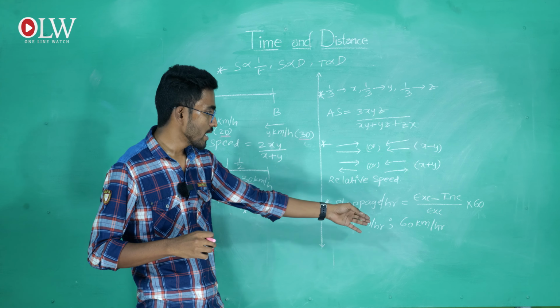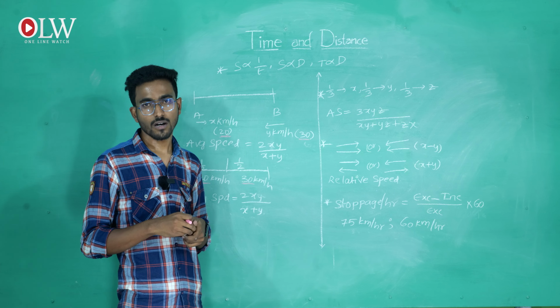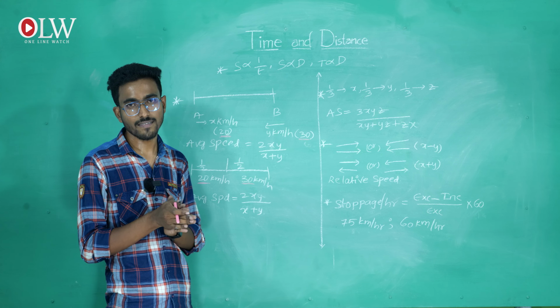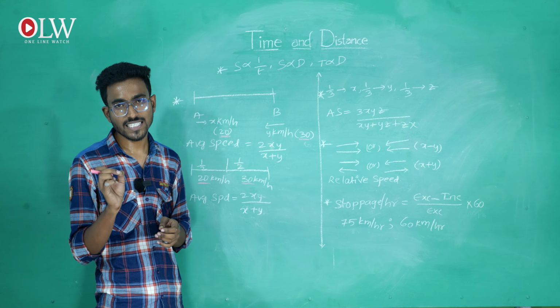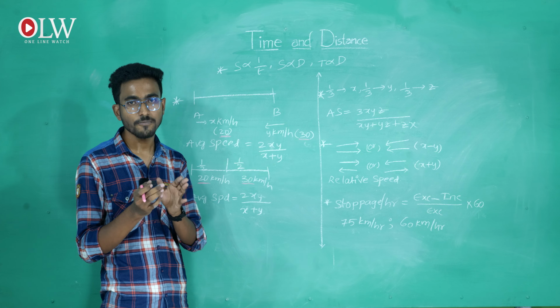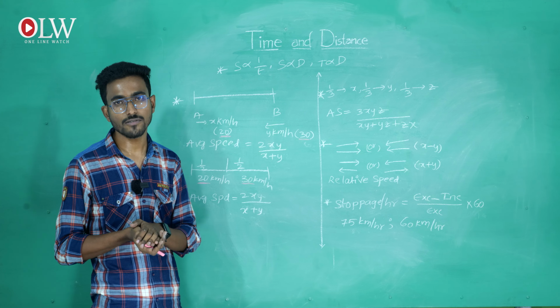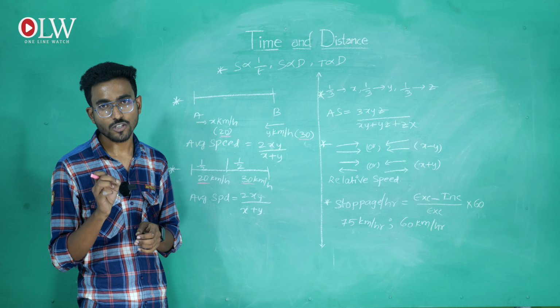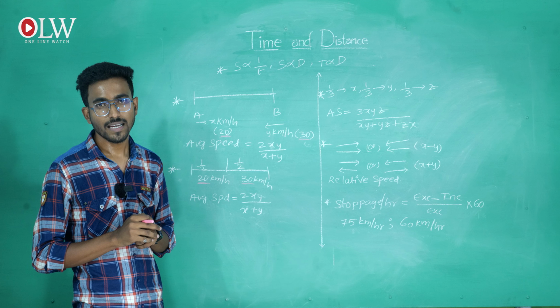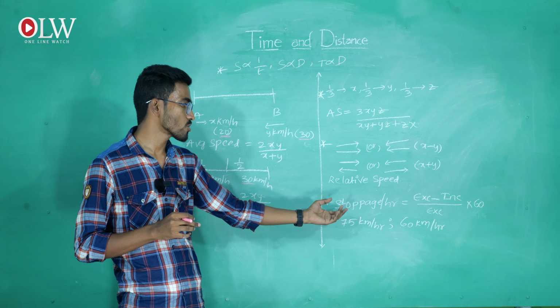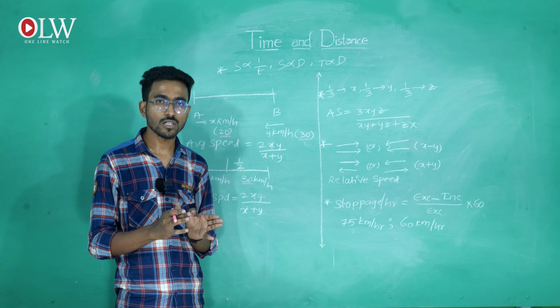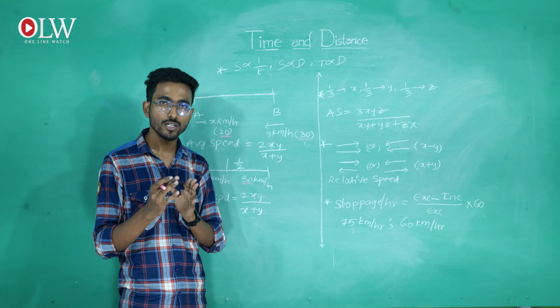Next, the same train on another day travels with stoppages at 60 kilometers per hour. That means for every stoppage it stops randomly 3 or 4 minutes. At that time, what should I do? Stoppage per hour equal to excluding minus including by excluding into 60.